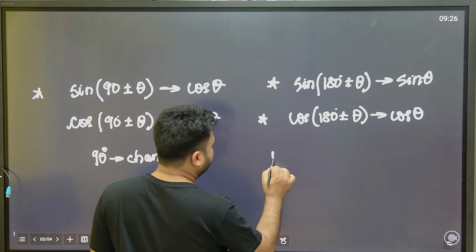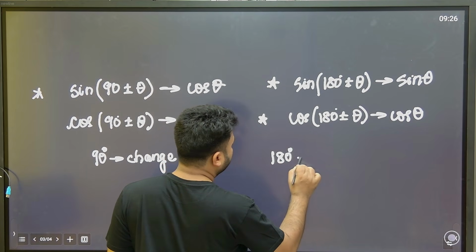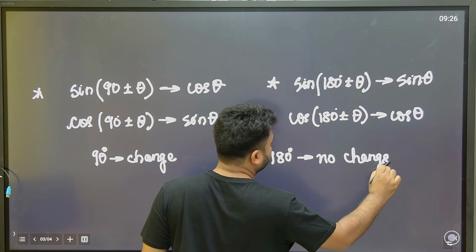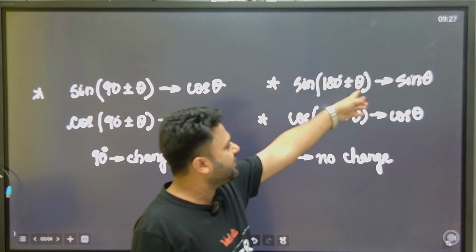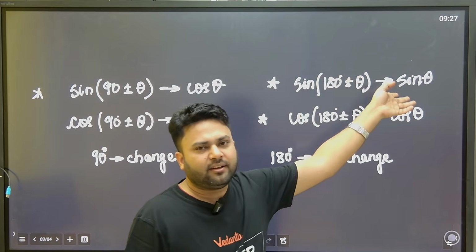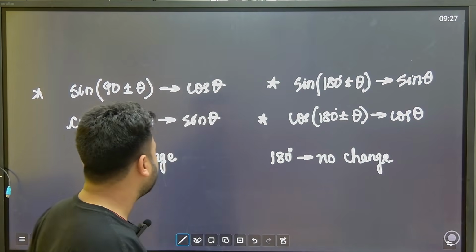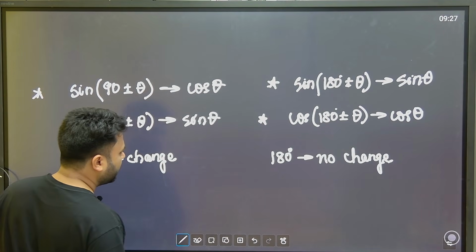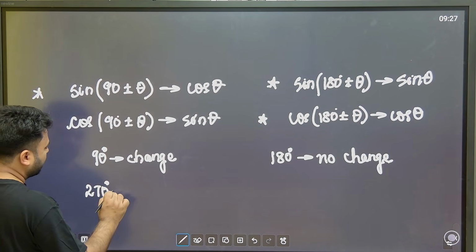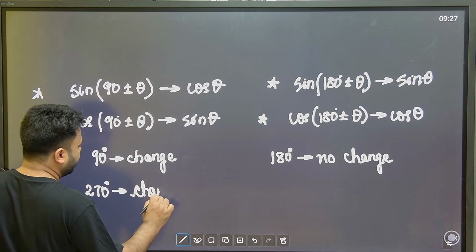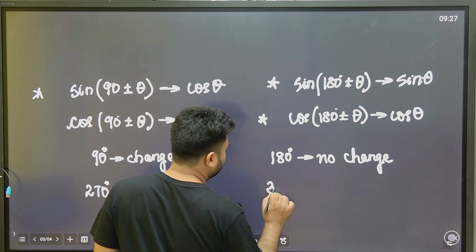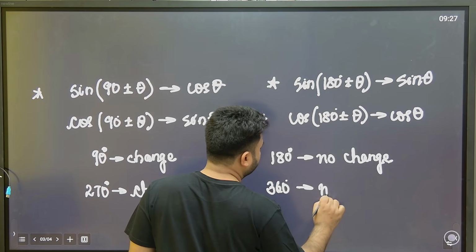But if we have involvement of 180 degree, then there is no change. Sine of 180 degree plus theta is sine theta only. Similarly, sine of 180 minus theta is sine theta only. It is not changing. Correct? So again you can remember, with 270 degree also there is change, and with 360 degree there is no change.